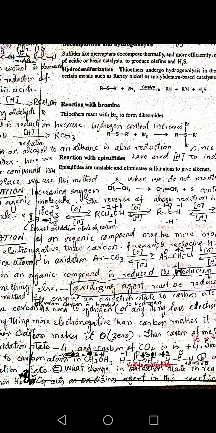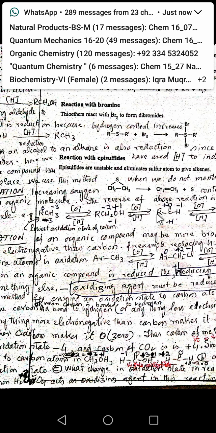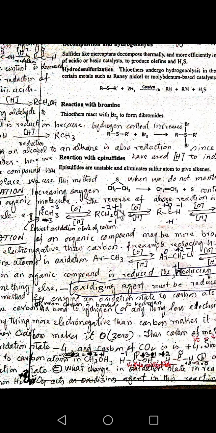Then see, the primary alcohol on oxidation is changed into aldehyde. So what has happened? Decrease in the hydrogen content in the forward direction is called oxidation. Increase in the oxidation number is called oxidation in the forward direction, and in reverse it is reduction.